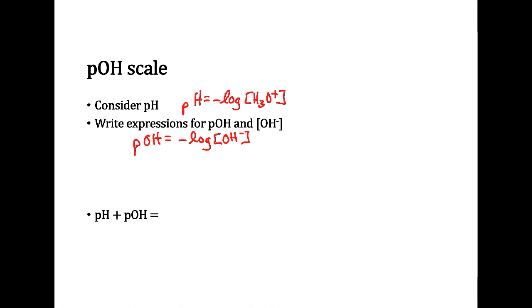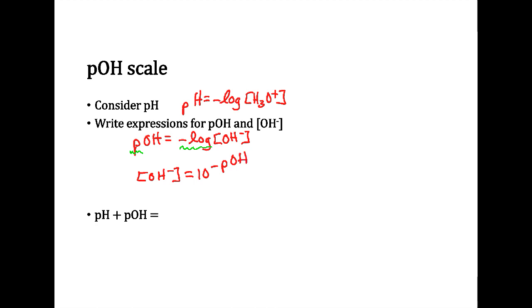And throughout the rest of this unit, what I would recommend you do is anytime you see a lowercase p followed by something else, the lowercase p means add negative log in front of it. So if we're looking for pOH, it's the negative log of the OH minus concentration, which means that OH minus concentration would be equal to 10 to the negative pOH.